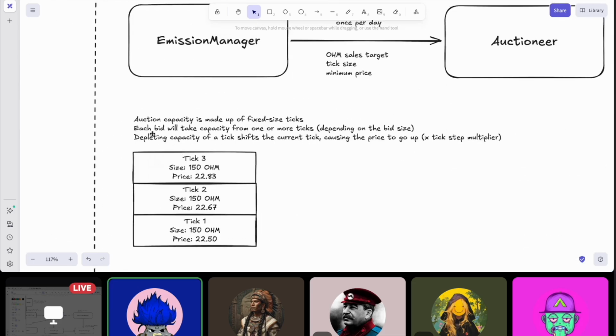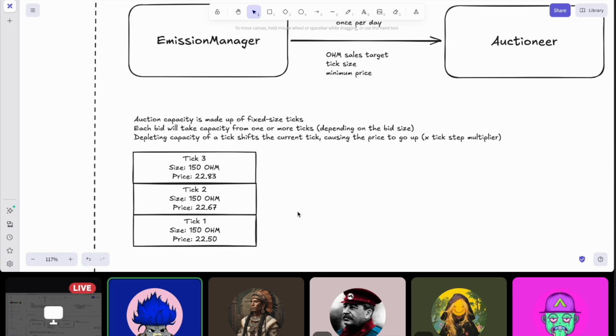Okay. So the auction capacity is made up of fixed size ticks. For example, I think we're starting with a tick size of 150 OHM. And the reason for that, by the way, this is mentioned, I think, in the RFC, is that when we did some analysis, thanks, Rowan, the average amount of OHM that was swapped in a transaction was around 150 OHM.